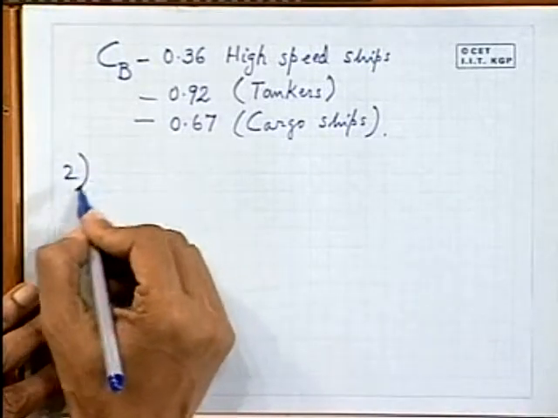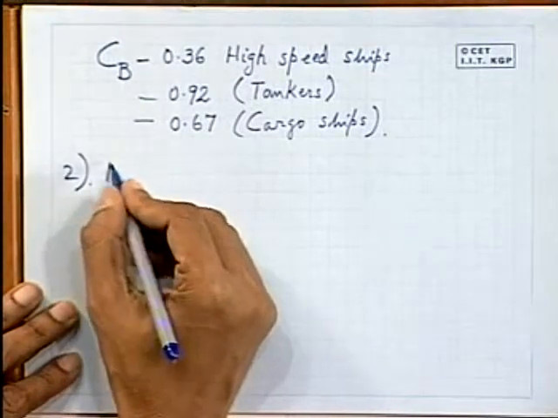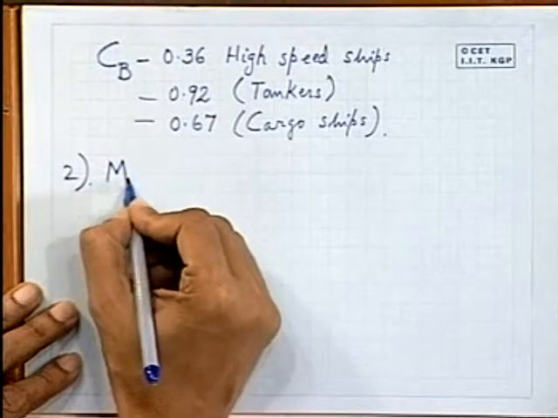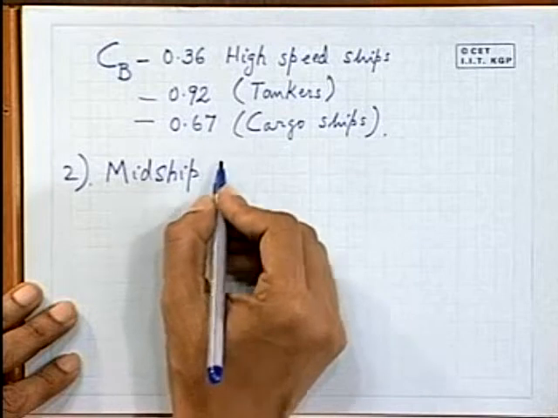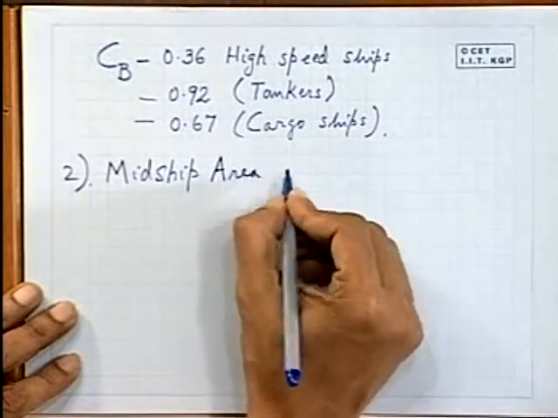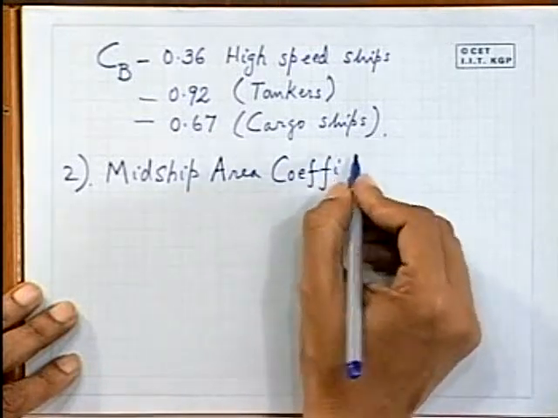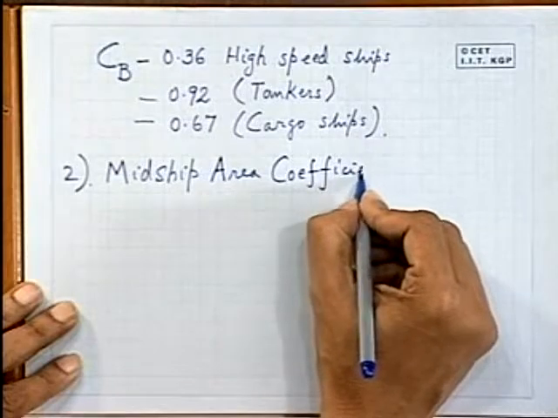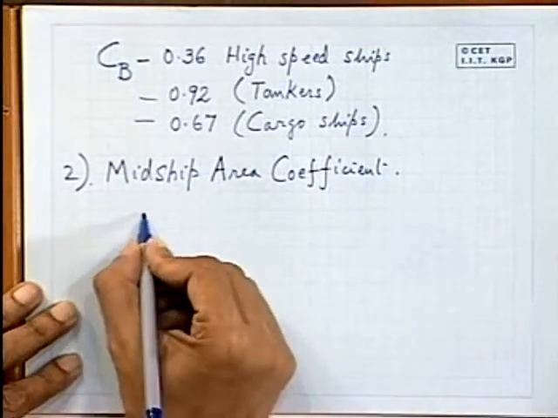Next is the midship coefficient, or sometimes properly it is called the midship area coefficient. So that is given by Cm.